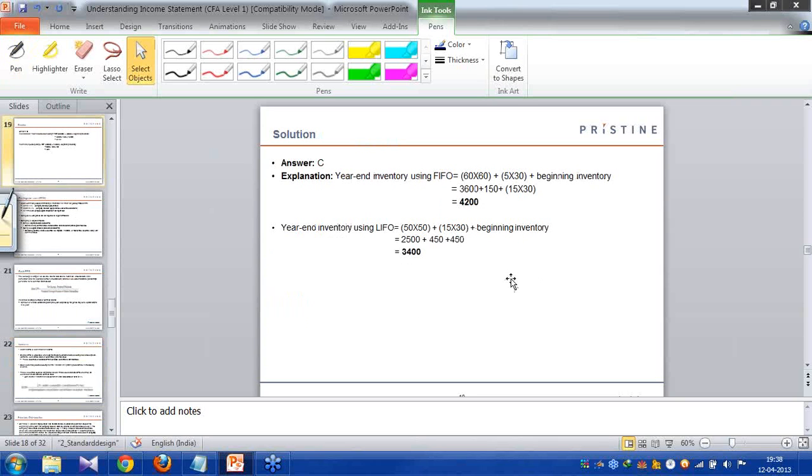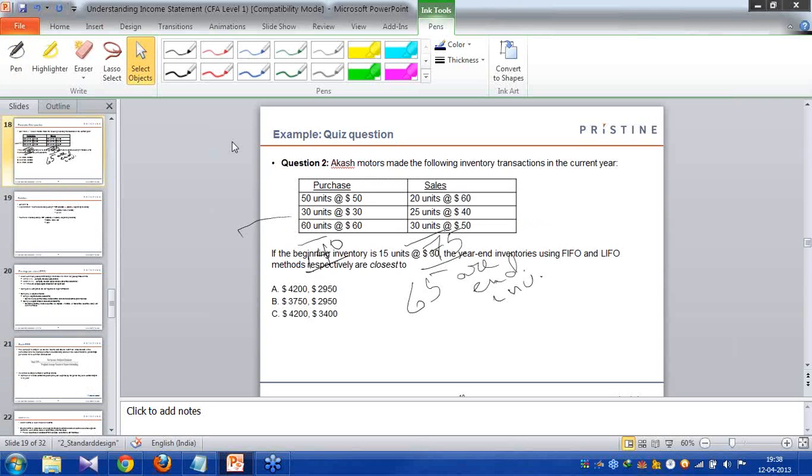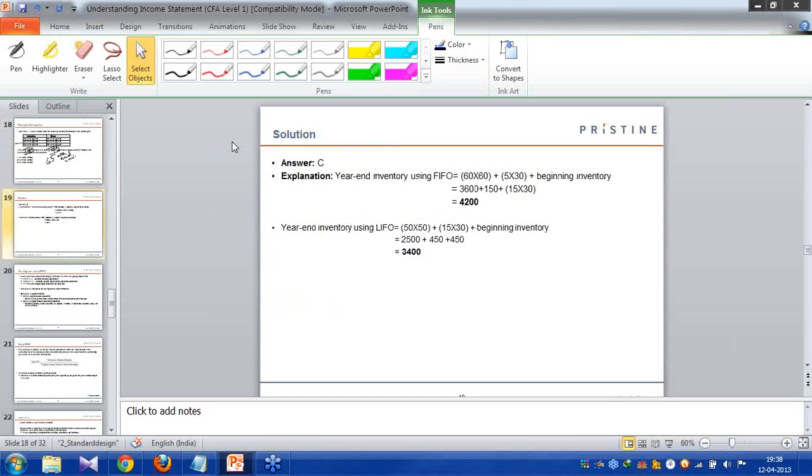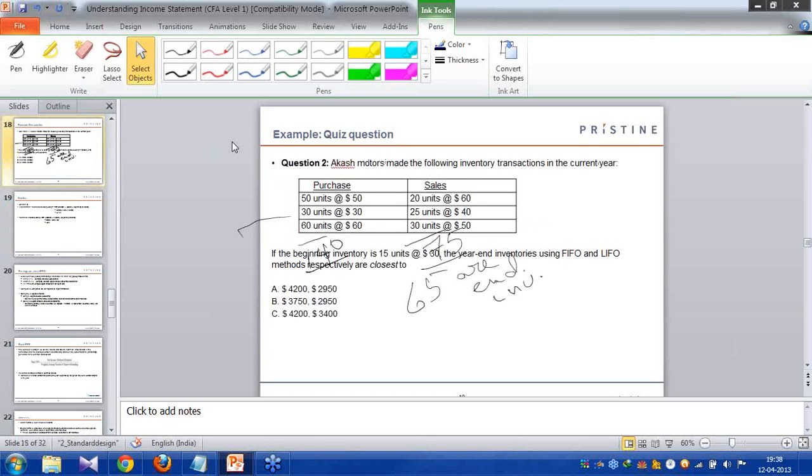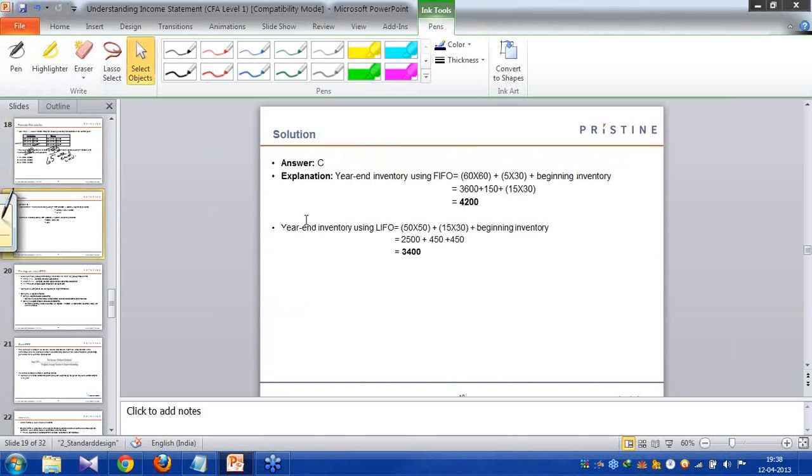So now we move on to the valuation. Using FIFO, the 65 items in the ending inventory are the last items that we purchased, because the cost of goods sold is the initial items, and the items purchased last remain. So the 60 units that we purchased at $60 are used to calculate ending inventory.